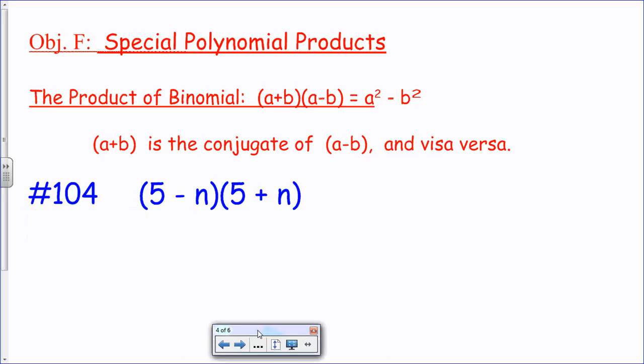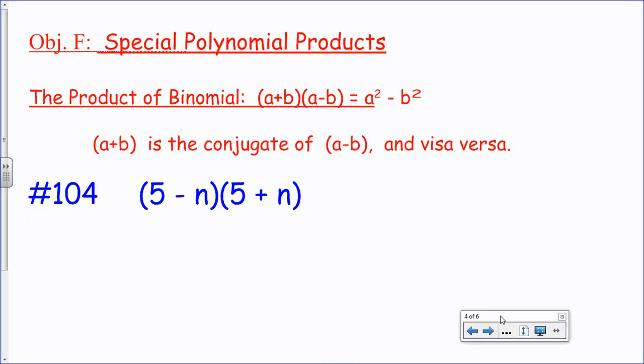All right, we're going to talk about some special products here. So the product of the binomials a plus b times a minus b gives you a squared minus b squared.